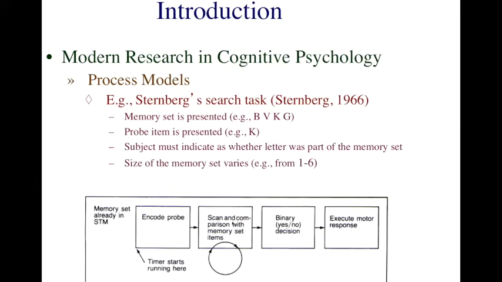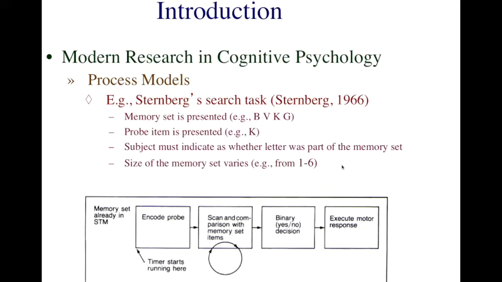Once you've done that, then you can move into short-term memory and do some kind of scanning and comparison with that memory set to try to determine whether or not the K is there. You then need to reach a binary decision, yes or no, and then execute the correct motor response. Perhaps you will respond with a key to the left if the letter is present and a key to the right if the letter is absent. But you need to plan that motor response as well.